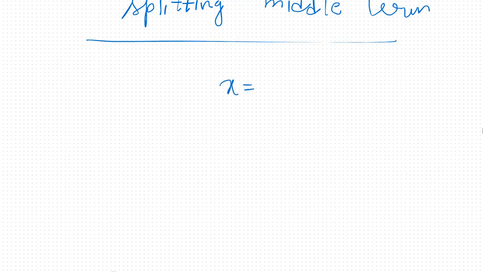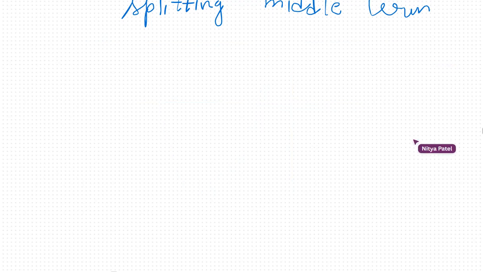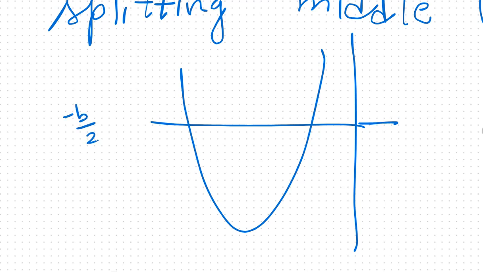When you draw the parabola roughly like this, to find the axis of symmetry, I would just find the average of the two x points, right? Yes, even if you use x equals minus b by 2a, that is also fine.